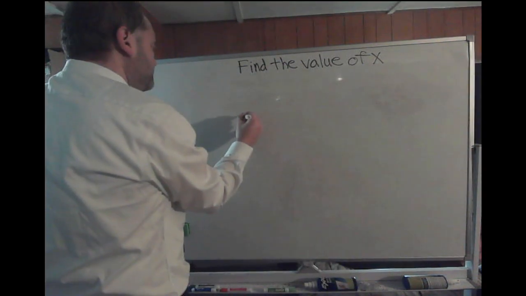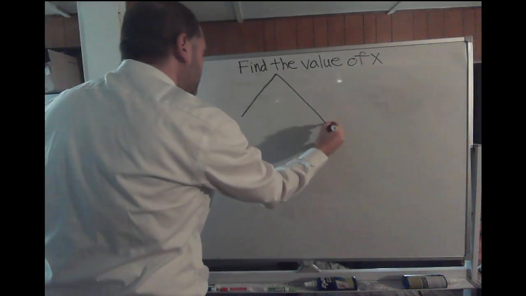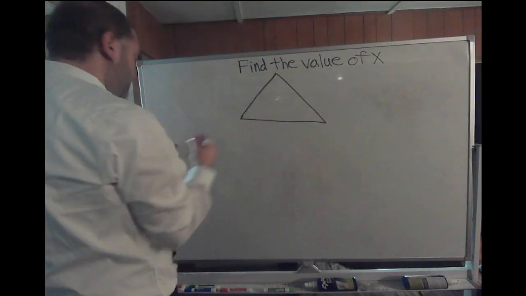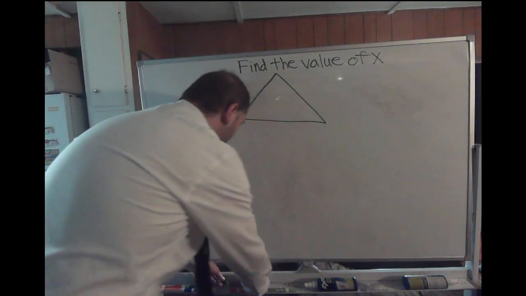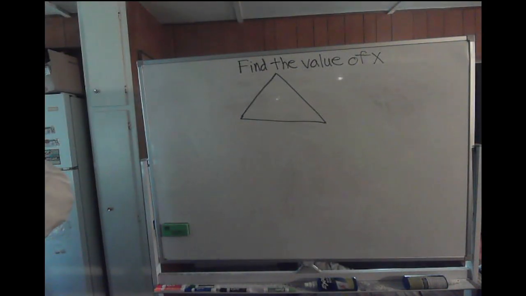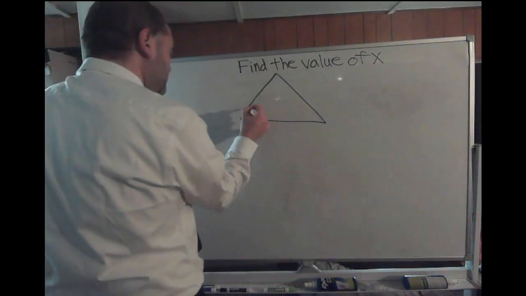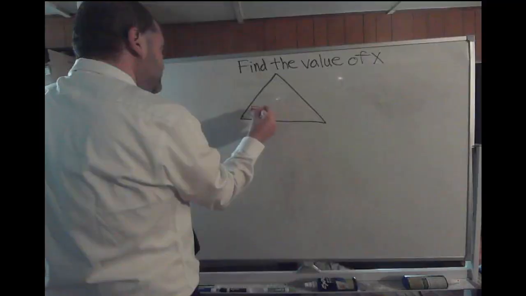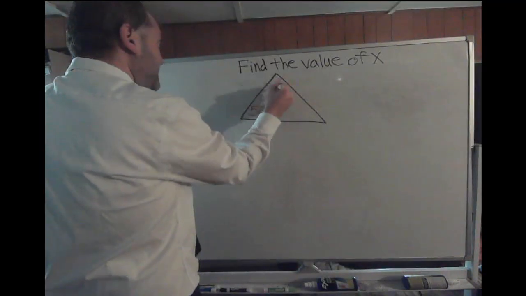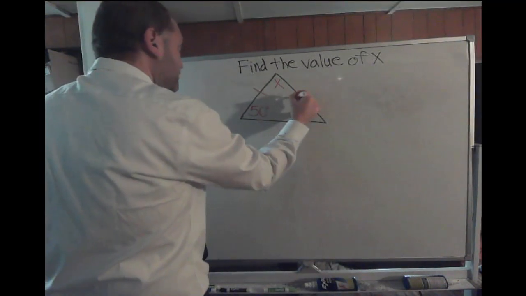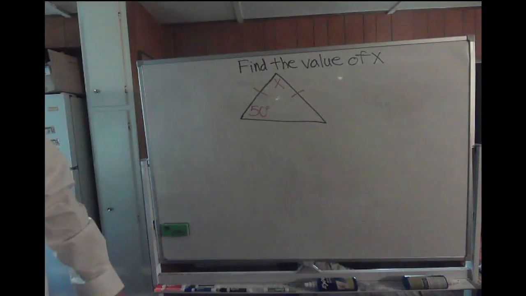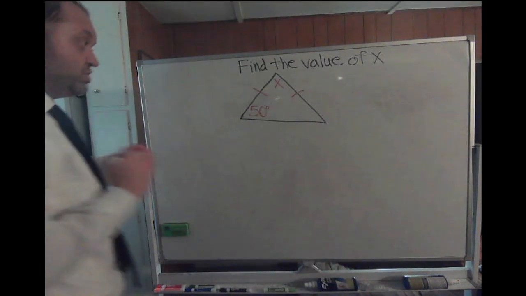Let's see, so this triangle here, what do they give us? 50 degrees. This is x. This side's congruent to this side. Okay? So we have an isosceles triangle here.